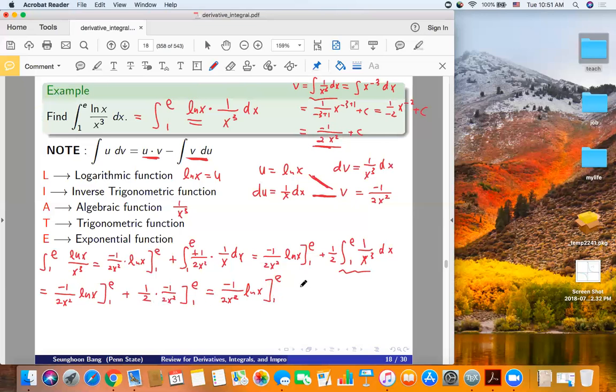This is the same as negative 1 over 4x squared from 1 to e. Next, plug in the top one and bottom one.